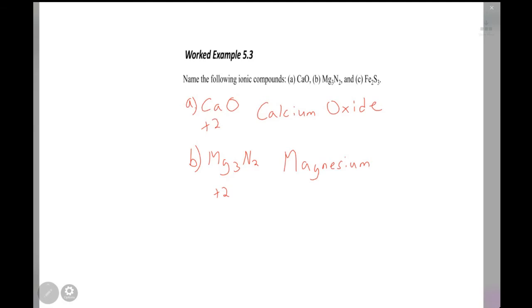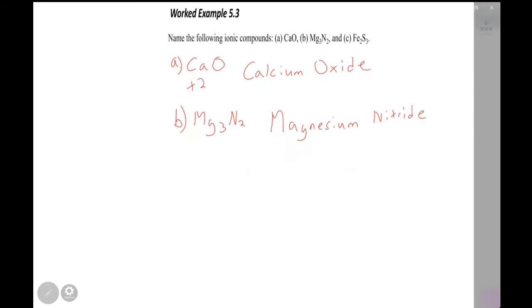And then I just have to name my anion. So here I have nitrogen. But since it's an anion, I don't name it as just nitrogen. So I get rid of my ending. Like I said, sometimes you get rid of more ending than in others. I change the ending to IDE. So this becomes magnesium nitride. Those are two examples where you only have one version of your cation possible.